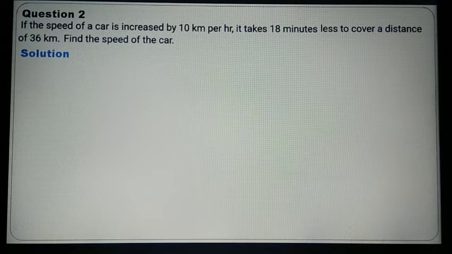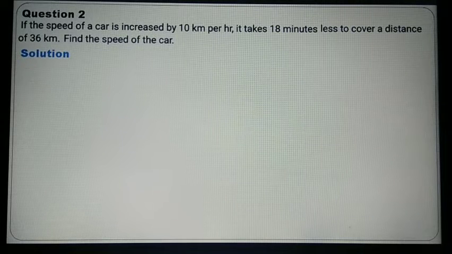Okay, so let's try to understand the case. There's a car moving with some speed, and if it increases the speed by 10 kilometer per hour, obviously it will take less time to cover the distance.